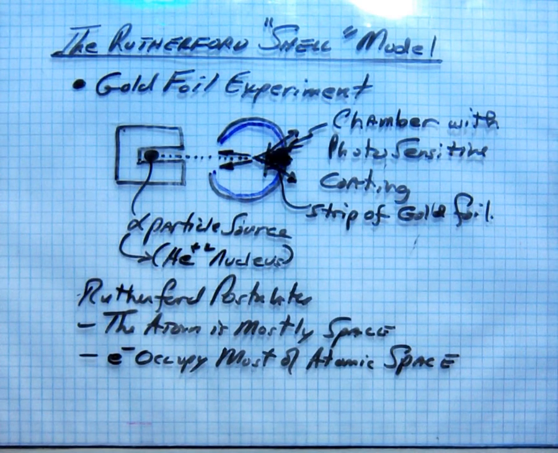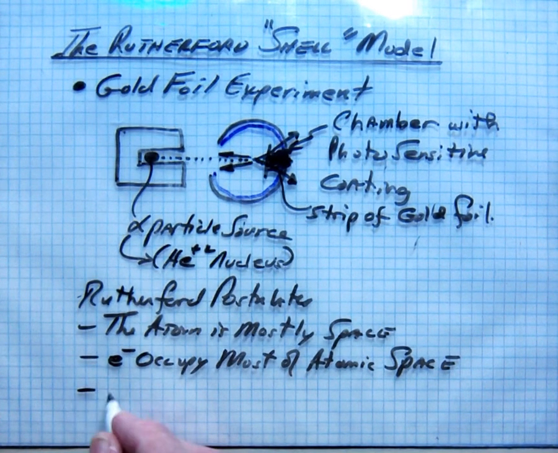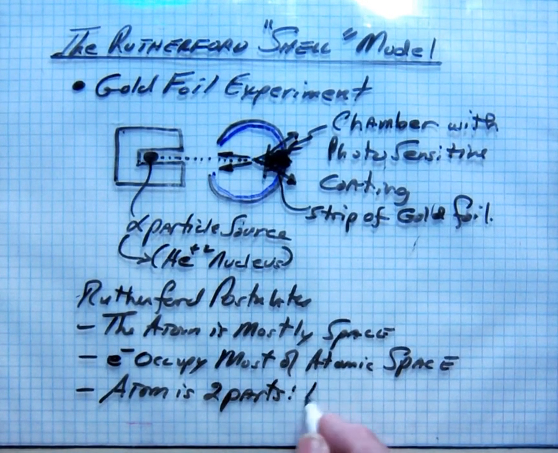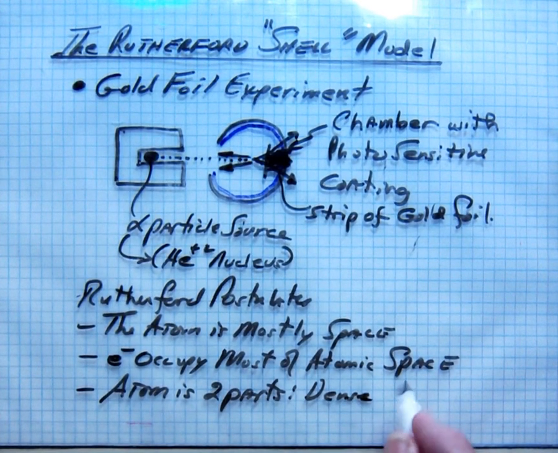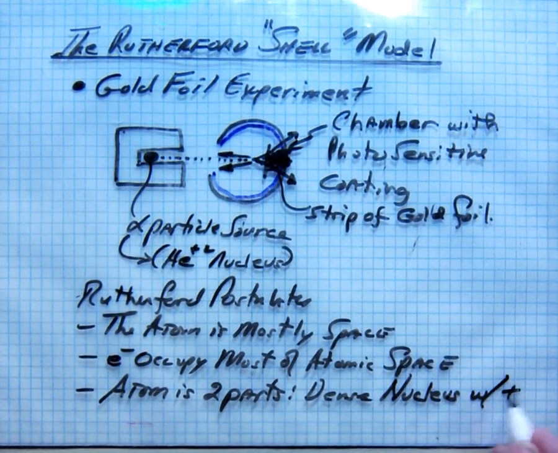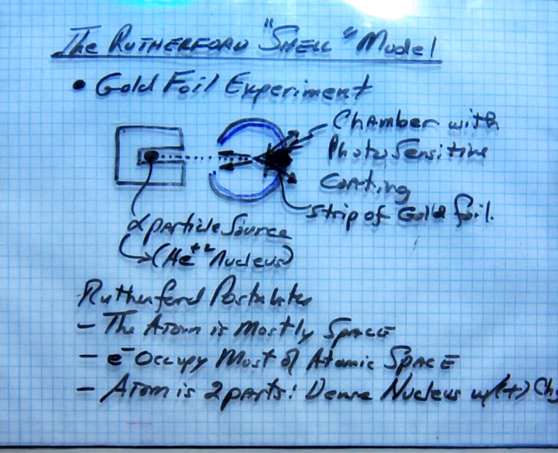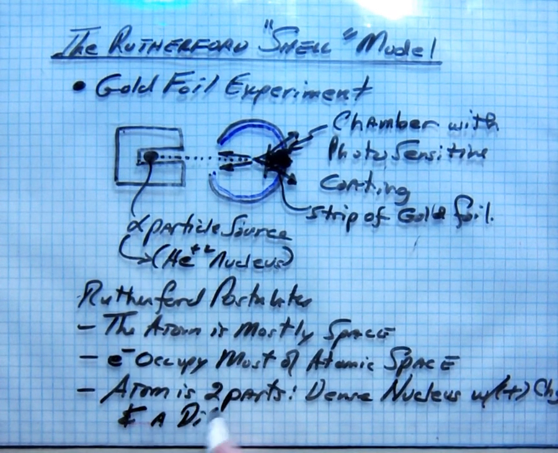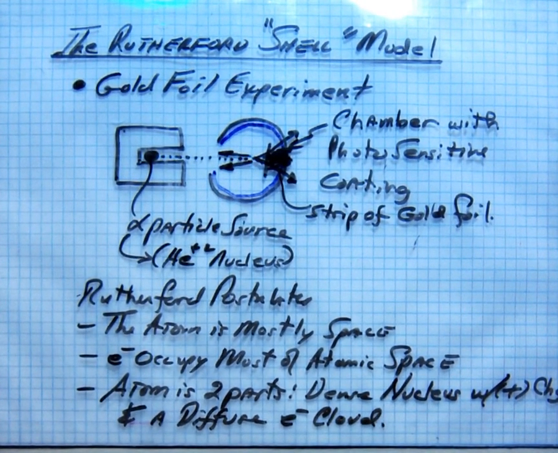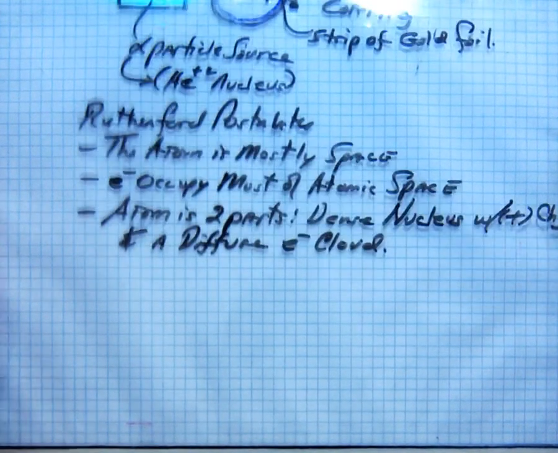Now, the most radical conclusion of the Rutherford model is that the atom is two parts: a dense positive nucleus and a diffuse electron cloud. So you can see it.